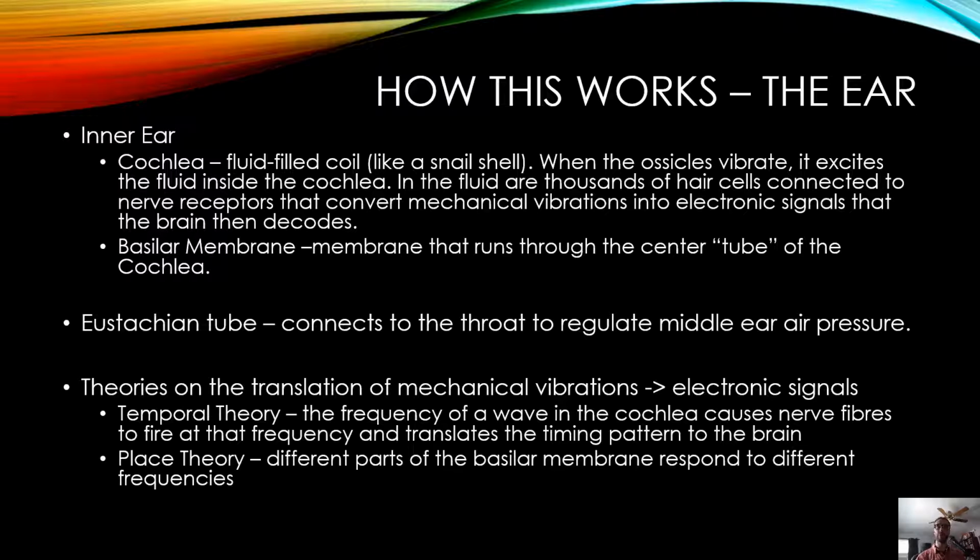There's also place theory, which says that different positions of the basilar membrane respond to different frequencies. Again, no one's 100% sure. Some people think it's temporal, some people think it's place, some people think it's a hybrid. I'm not particularly going to take a place on this.